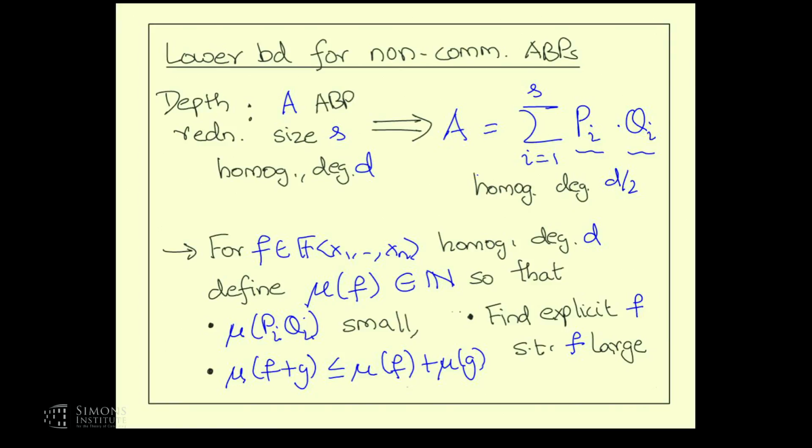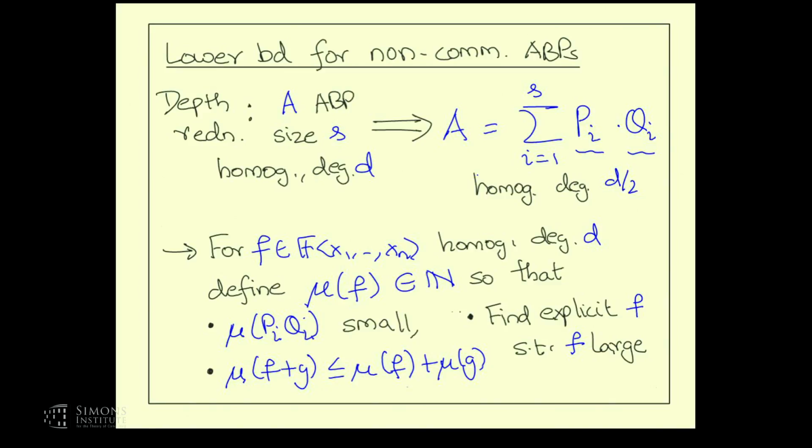And finally, I can find an explicit polynomial f such that mu of f is large. So the sum of a small number of such terms has small complexity, but we can easily find f such that this complexity is large, which means that any ABP for such an f must be large.